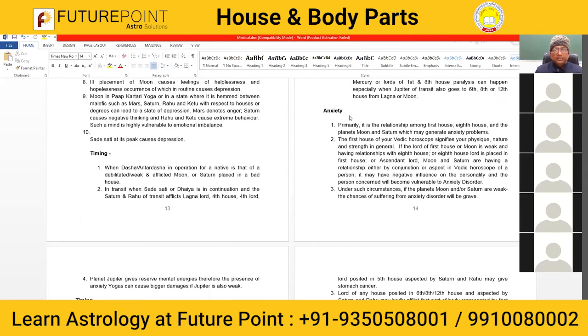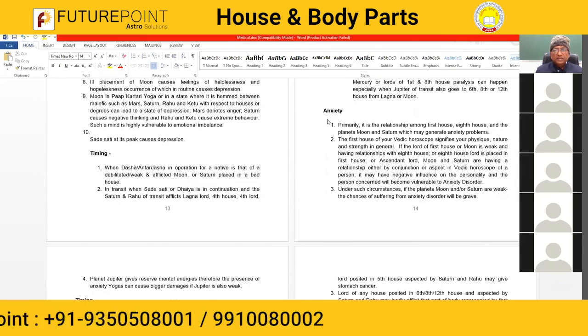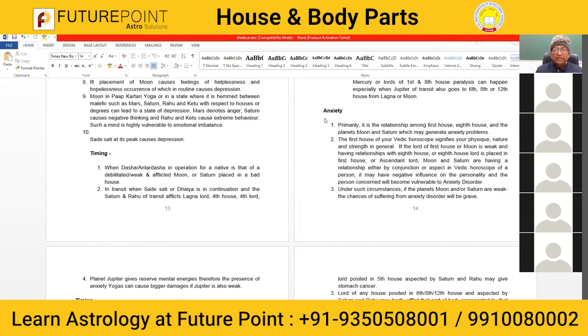Anxiety is caused by Moon. If Moon is afflicted by Saturn or Rahu or Mars or Sun, then a person has an anxiety problem. Mainly the Moon Saturn combination, if they are together within 5 degrees.